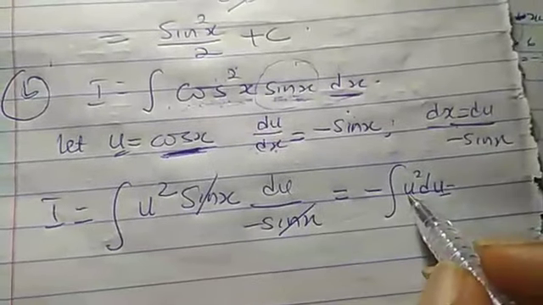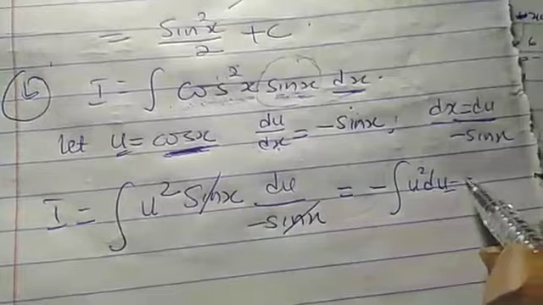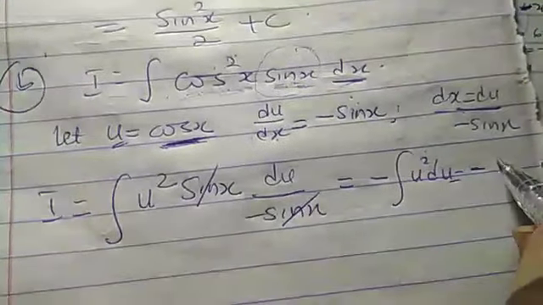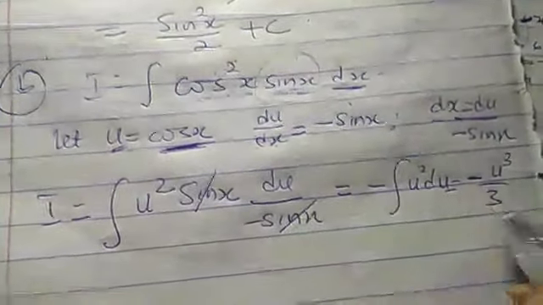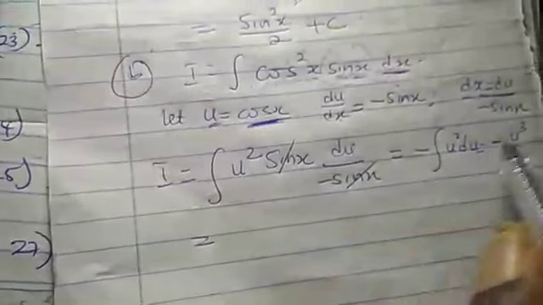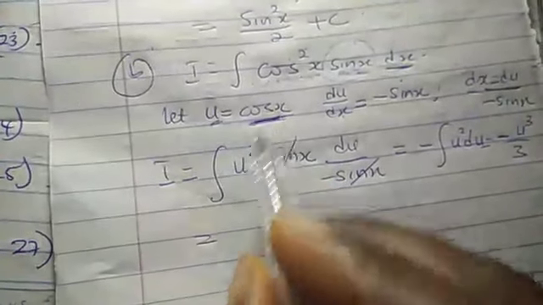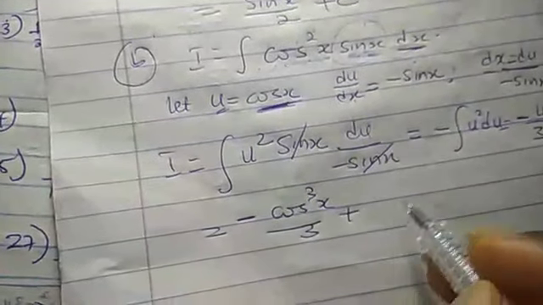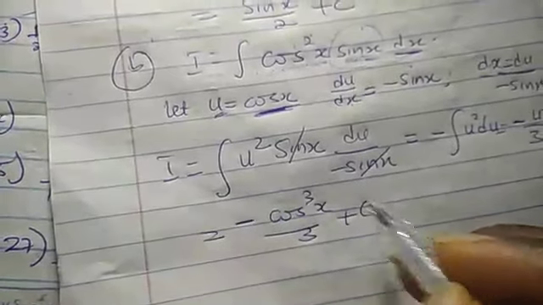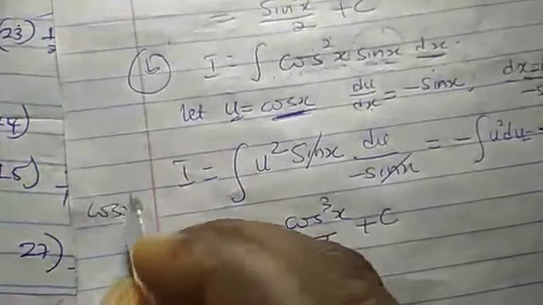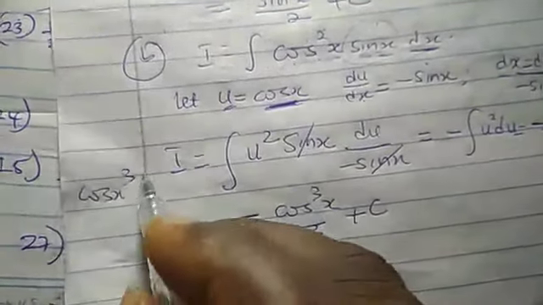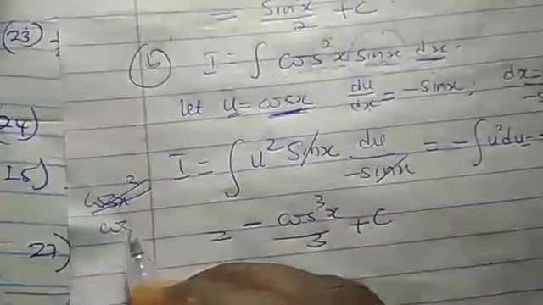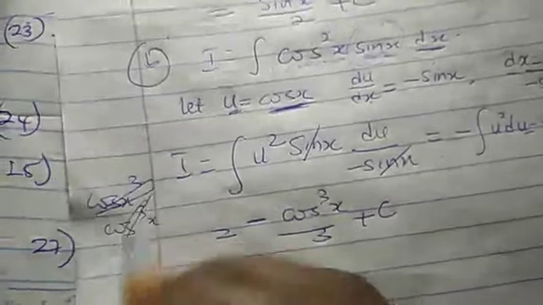Our aim is now to integrate u squared. This is power 2. If you integrate it, it will be u cubed over 3. Finally, I will need to bring back my u. My u is cos x, so it will now be cos cubed x over 3. We write it as cos cubed x plus c. Don't write it as cos x cubed. It's wrong. It is cos cubed x.